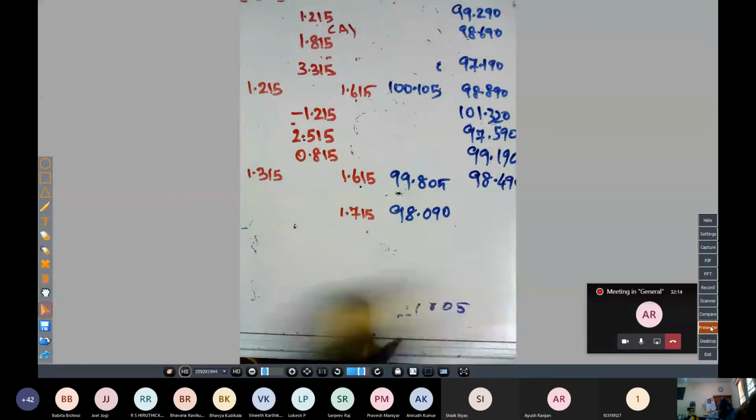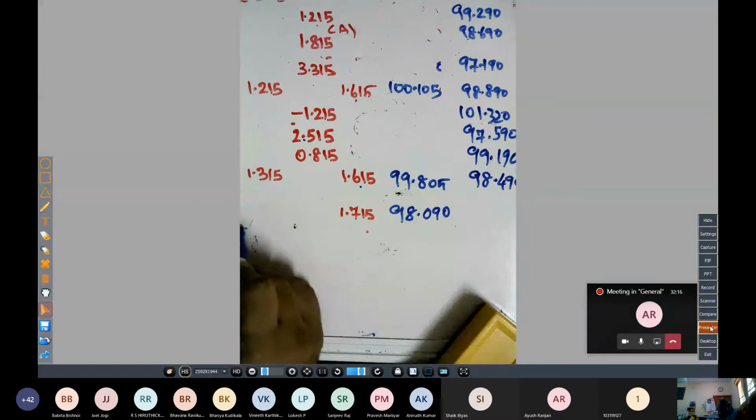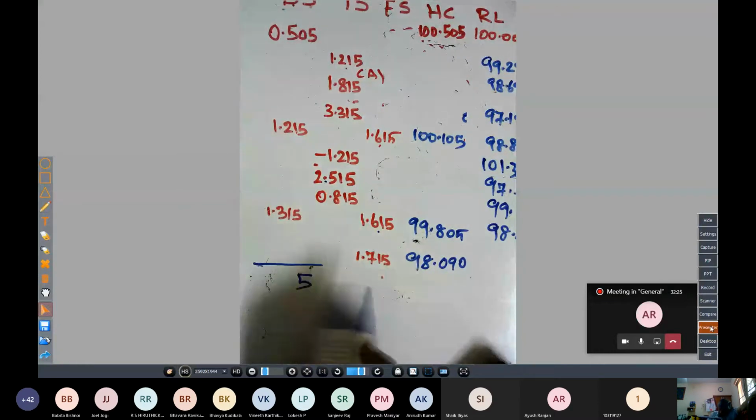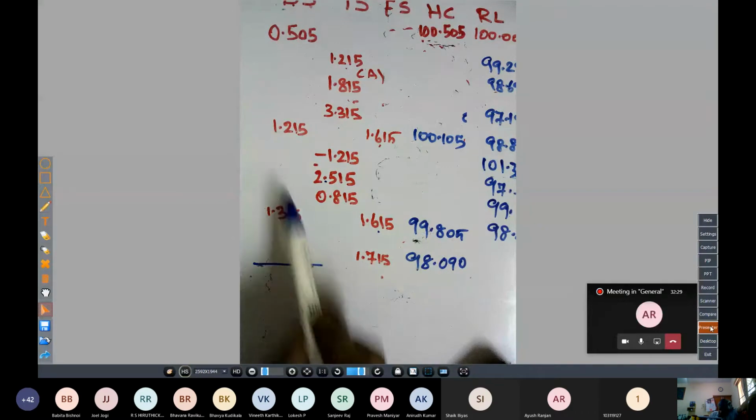Now what I suggest is add all your backsights. How much is that? 5, 10, 15, 2, 3.